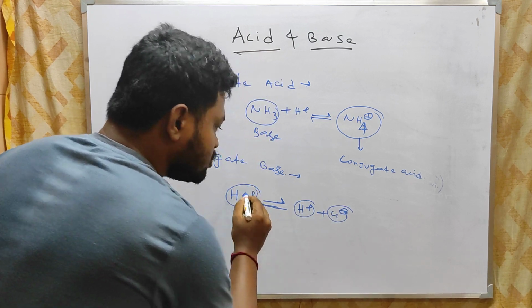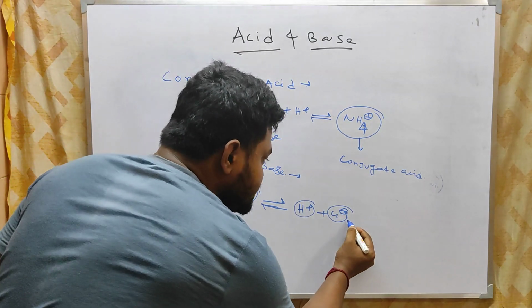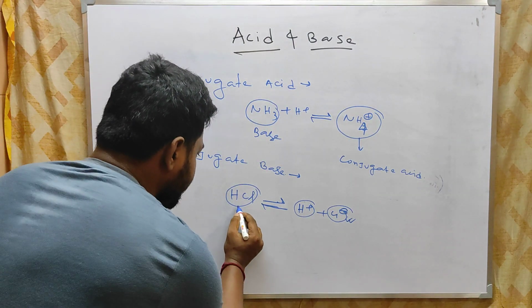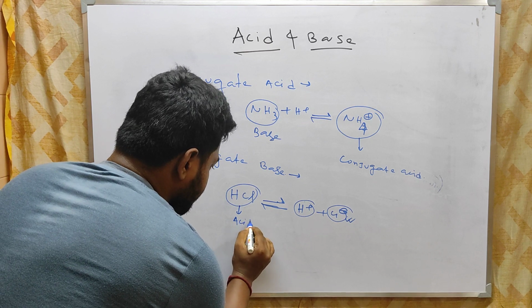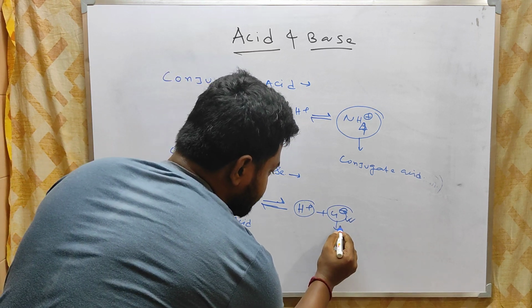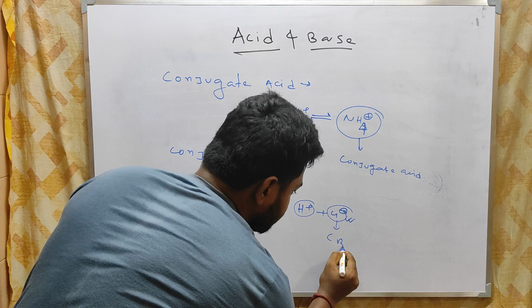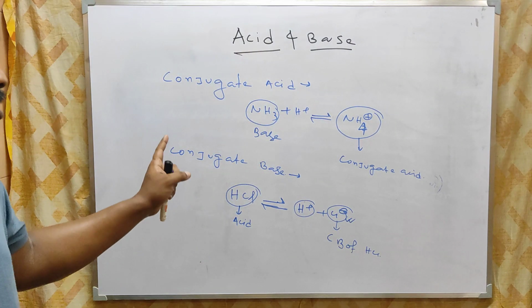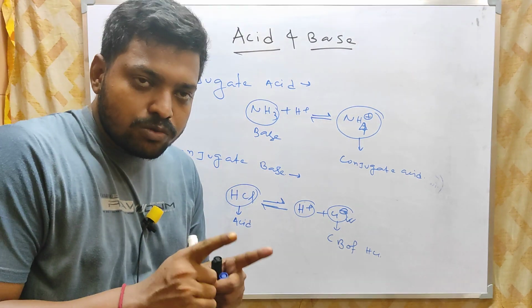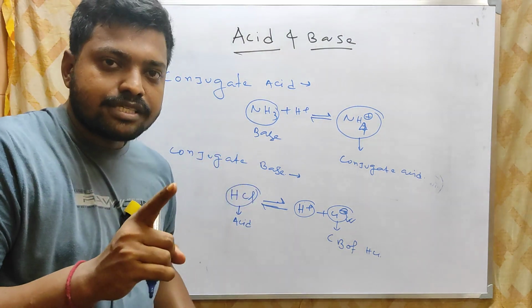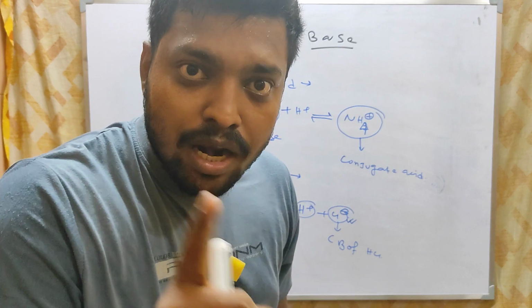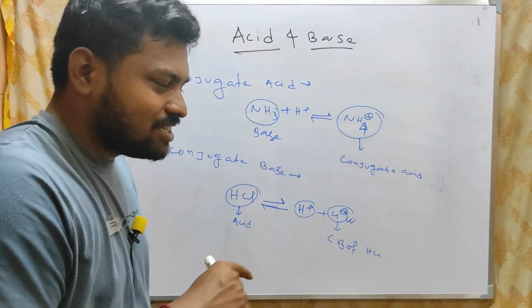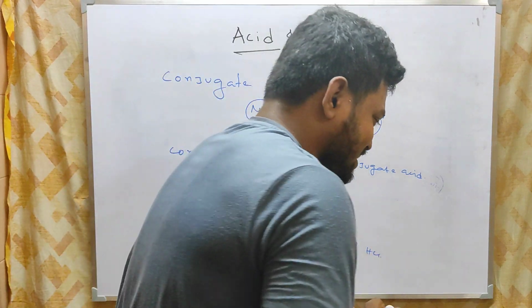This negative ion is the conjugate base of this acid. So HCl is the acid and Cl minus is the conjugate base of HCl. Now, if we define conjugate acid and conjugate base in one line, look, this is magic.